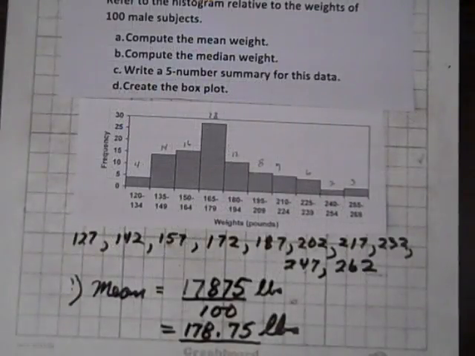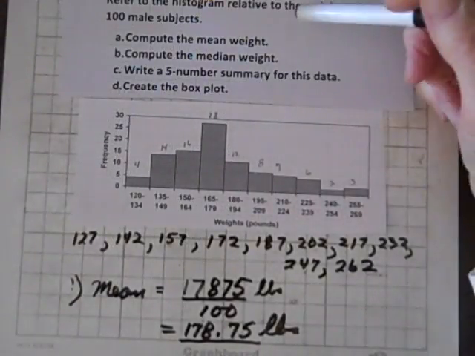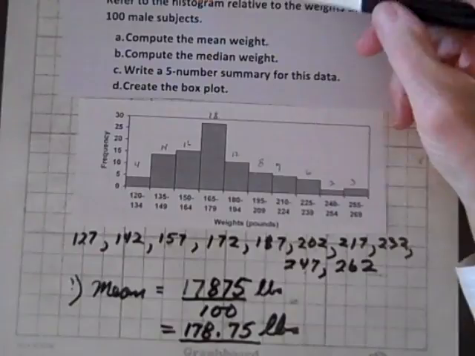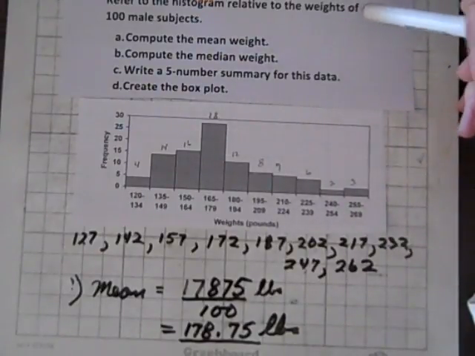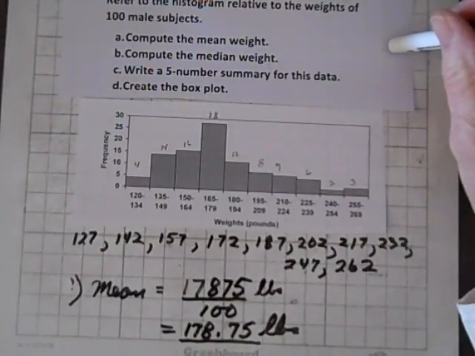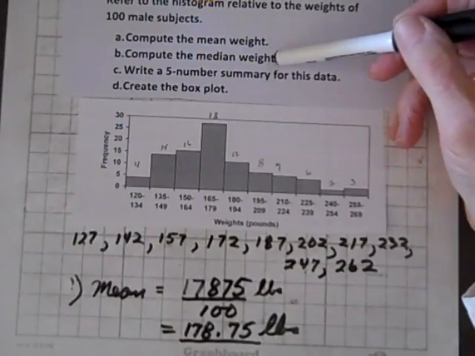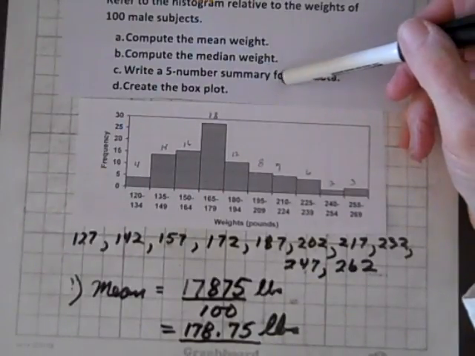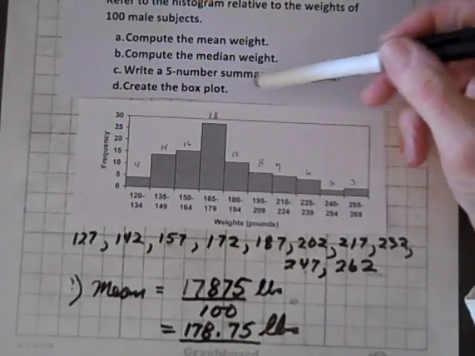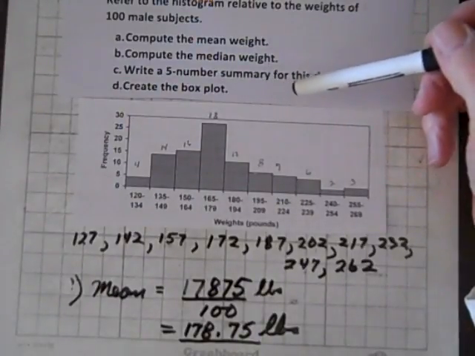For our final question, we have to refer to the histogram relative to the weights of 100 male subjects. We have to compute the mean weight, the median weight, the 5-number summary for this data, and create a box plot.